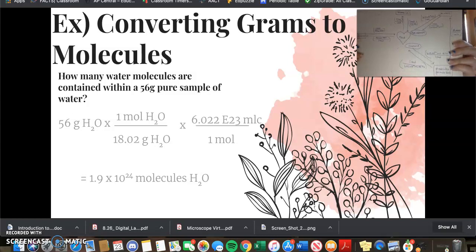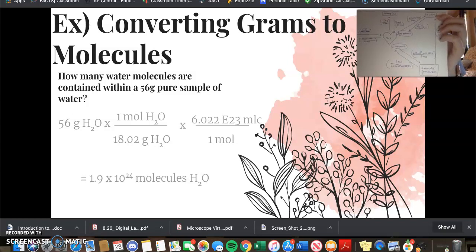But here on this side of the chart, you can see at the top I have number of atoms and it has a few arrows pointing to it, and at the bottom I have number of molecules or formula units. So this really depends on if you have a pure element, you're going to go straight from number of moles to atoms. I do have an asterisk there because remember there are some diatomic elements.